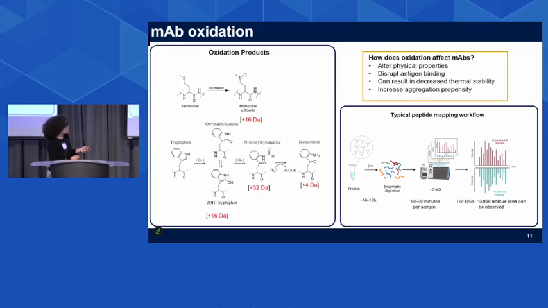And then we use LCMS to separate these peptides, as well as to identify their mass, and that can take between 60 to 90 minutes per sample. And then the data analysis, for IgGs, we can see up to 3,000 unique ions for each of our samples. And we have to identify these shifts in mass, so this process is quite time-consuming.